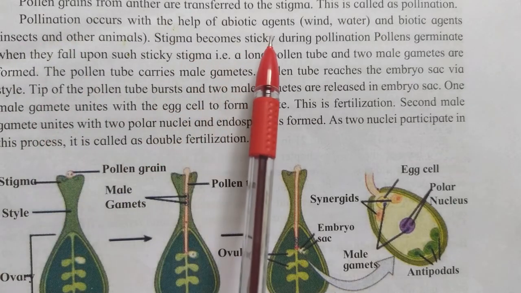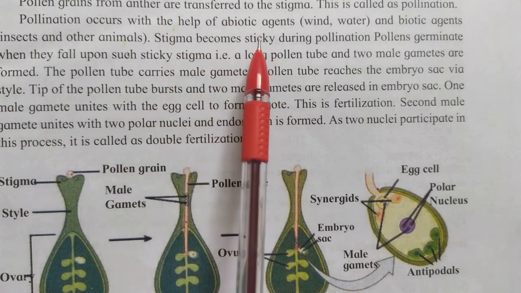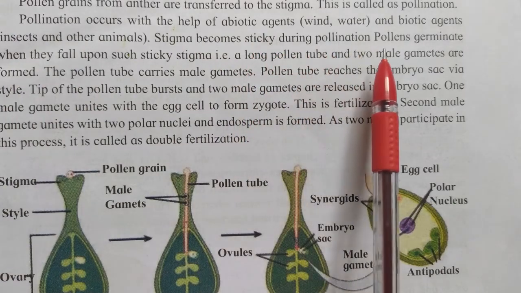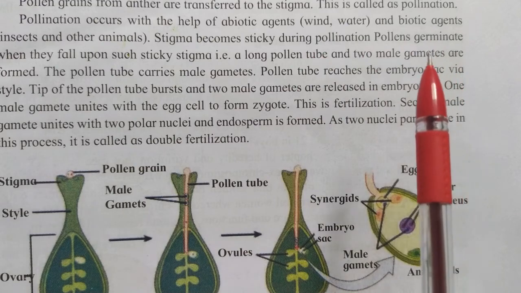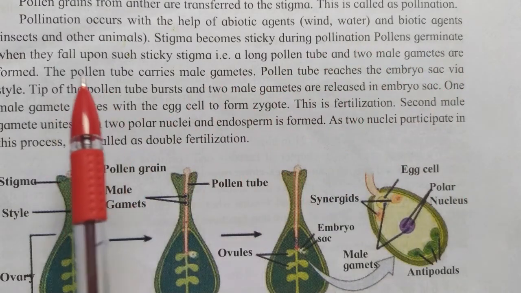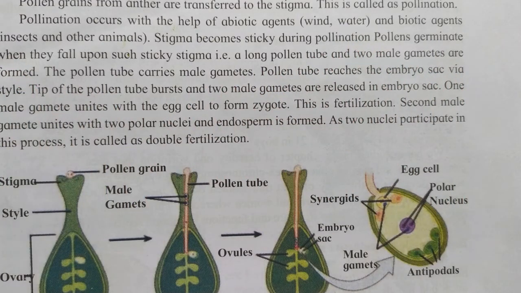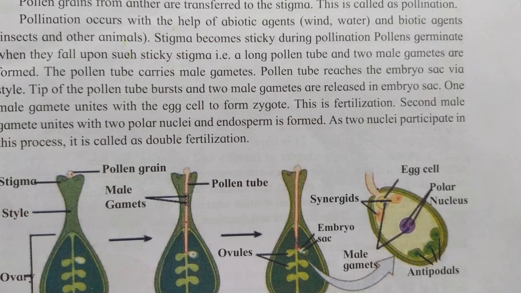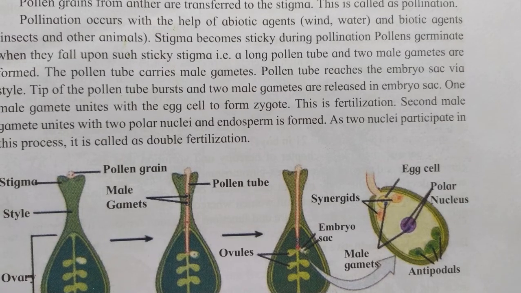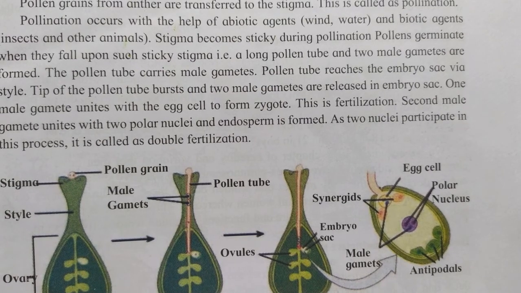Stigma becomes sticky. During pollination, pollens germinate when they fall upon such sticky stigma.